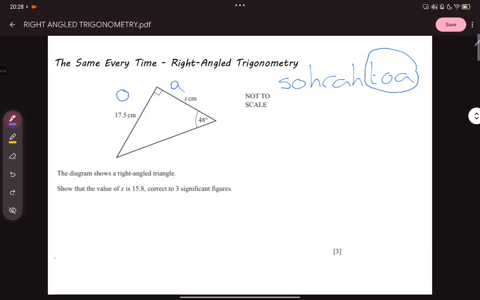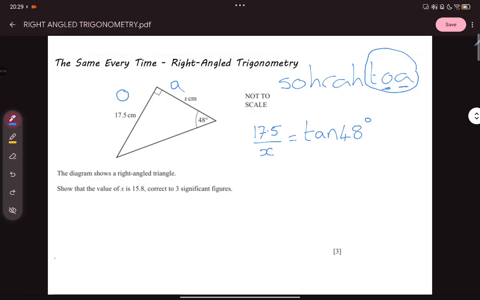Right, so O divided by A. So 17.5 is my O, divided by A, which I don't know, so we're calling it x in the question here, equals tan, so O divided by A is tan, but it has to be tan of the angle. So the angle is 48 degrees.